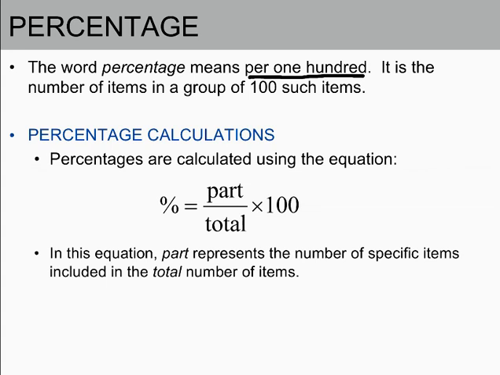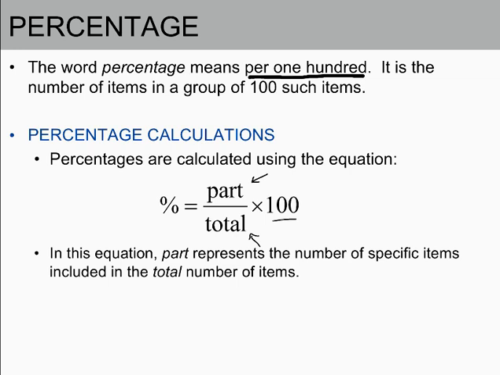So if we need to calculate a percentage, we take the part, divide it by the total, and multiply by 100. And in this equation, part represents the number of specific items included in the total number of items.